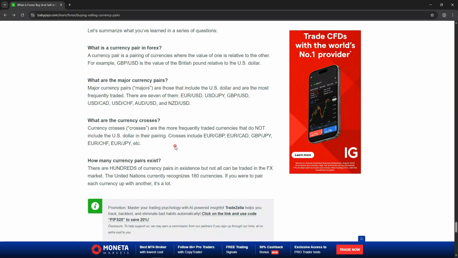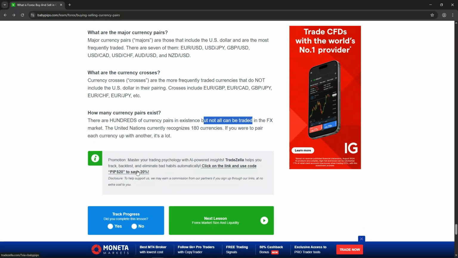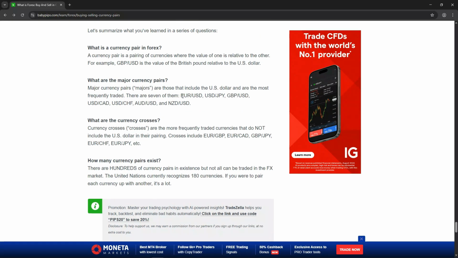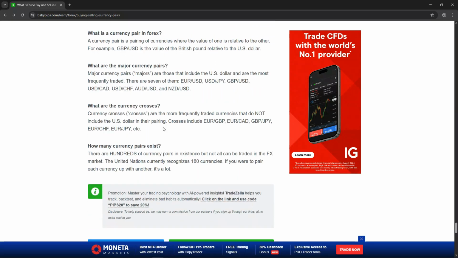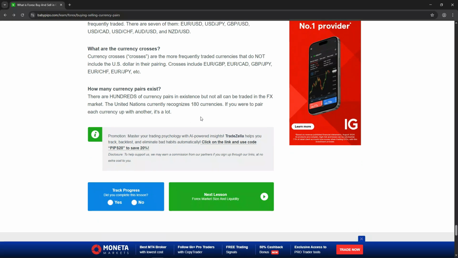And we can say that even though there are hundreds of possible currency pairs, you don't need to trade all of them. In fact, most traders focus mainly on major pairs because they are more stable and easier to trade. And lastly, I can say just focus on the main pairs, understand how they move, don't overcomplicate things, and then that's all you really need to get started in Forex.